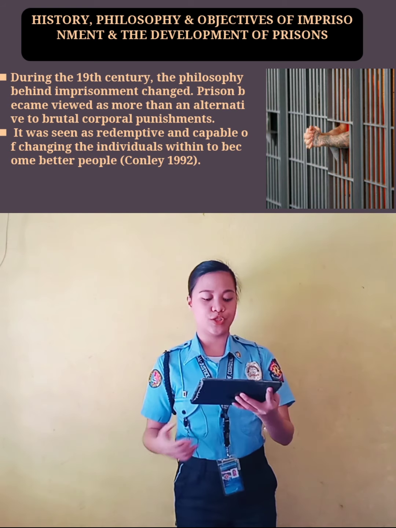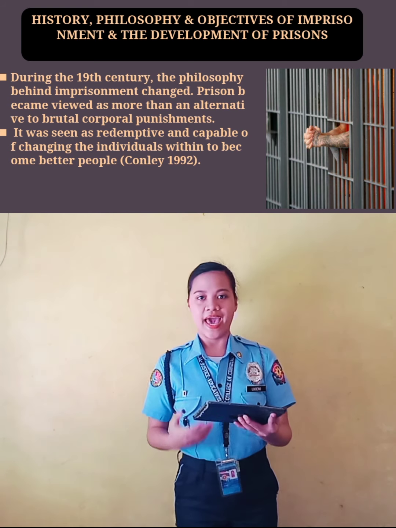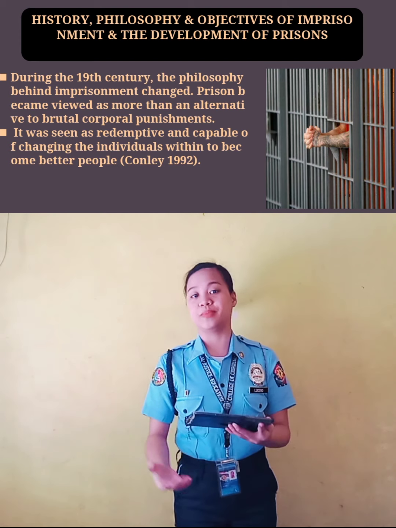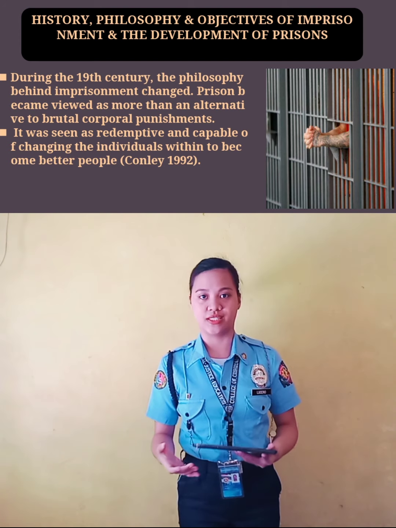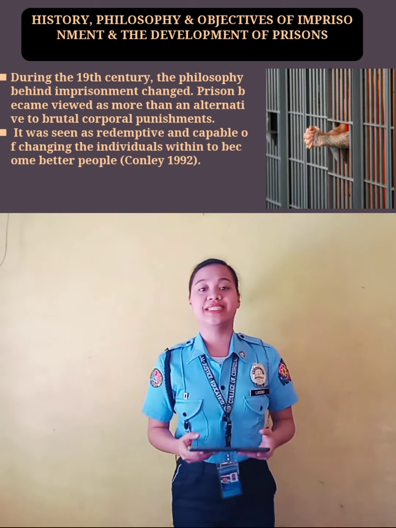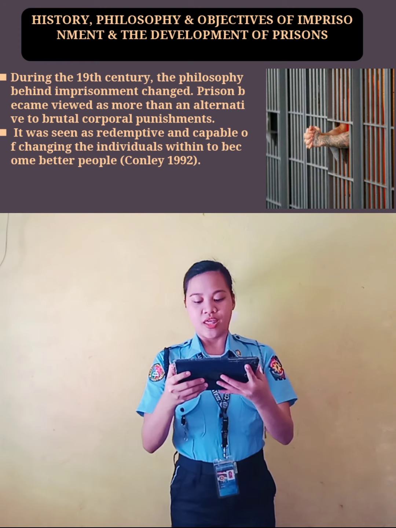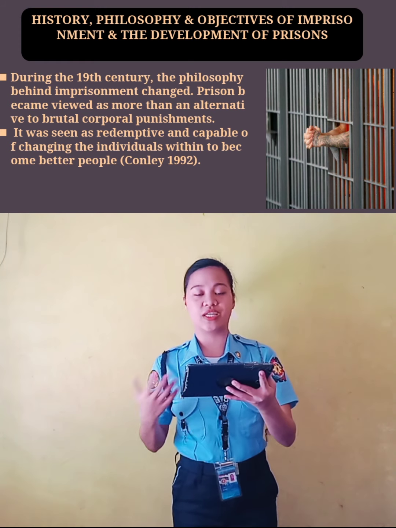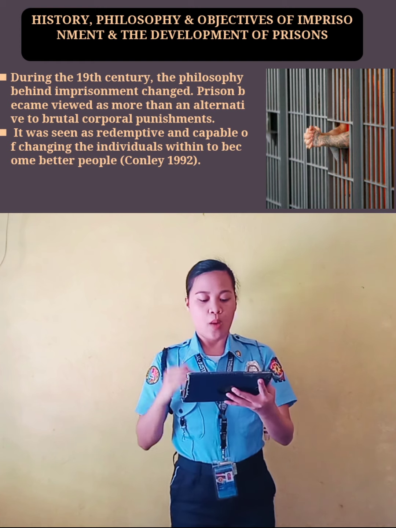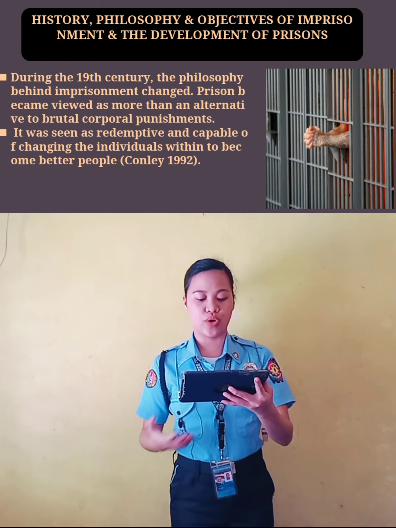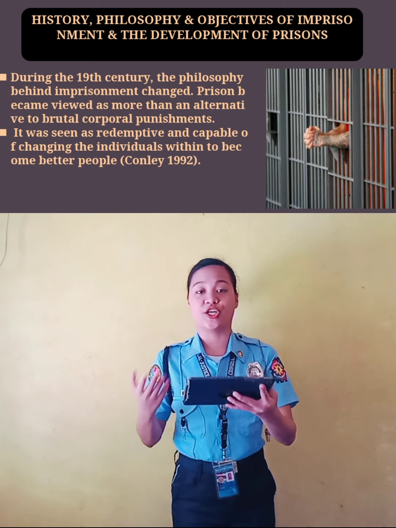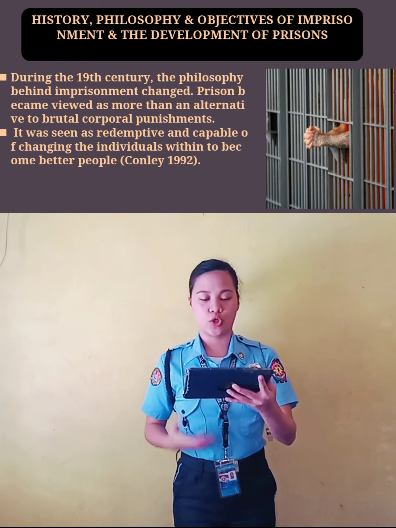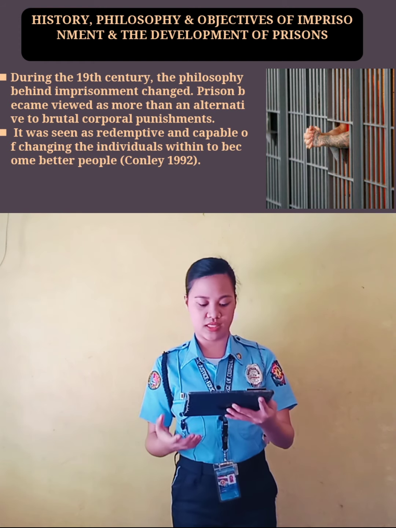Now let's proceed to the history, philosophy, and objectives of imprisonment and the development of a prison. During the 19th century, the philosophy behind imprisonment changed. Prison became viewed as more than an alternative to brutal corporal punishment.